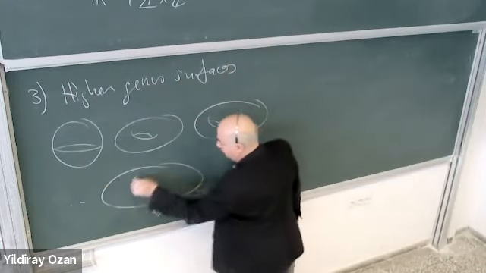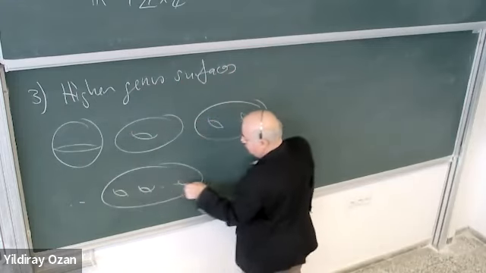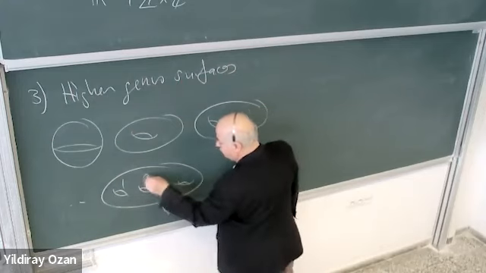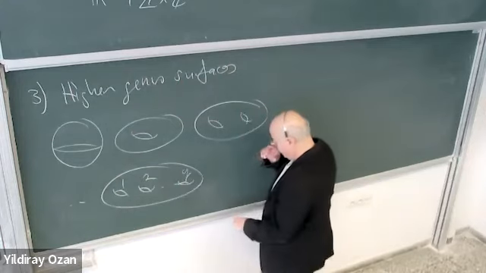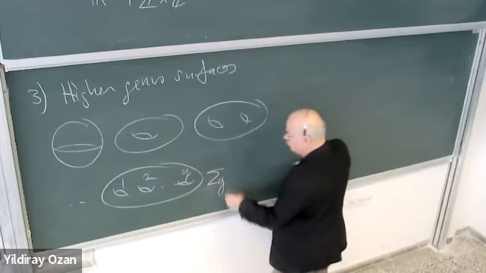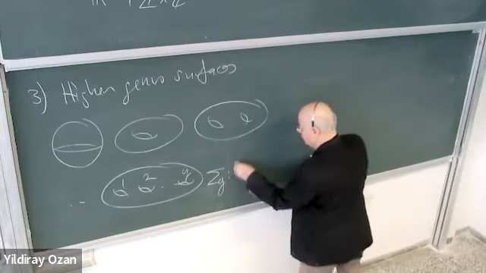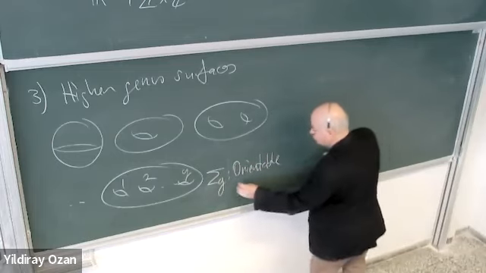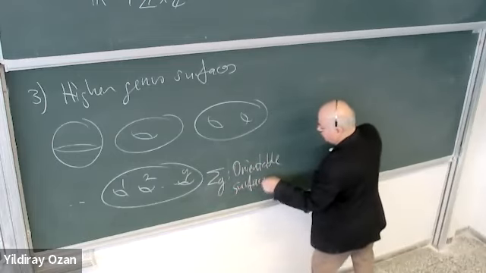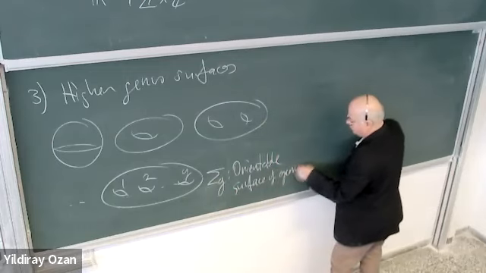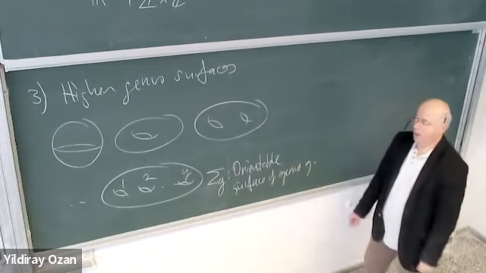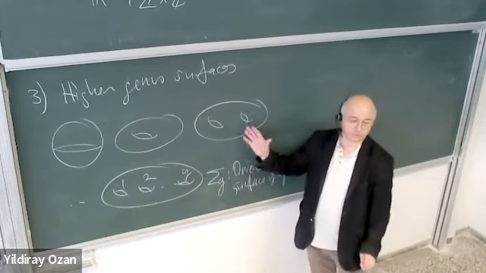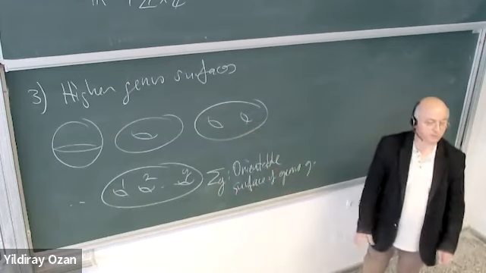Torus with n holes, 1, 2, G. We say that this is an orientable surface of genus G. All orientable compact surfaces are these, okay?